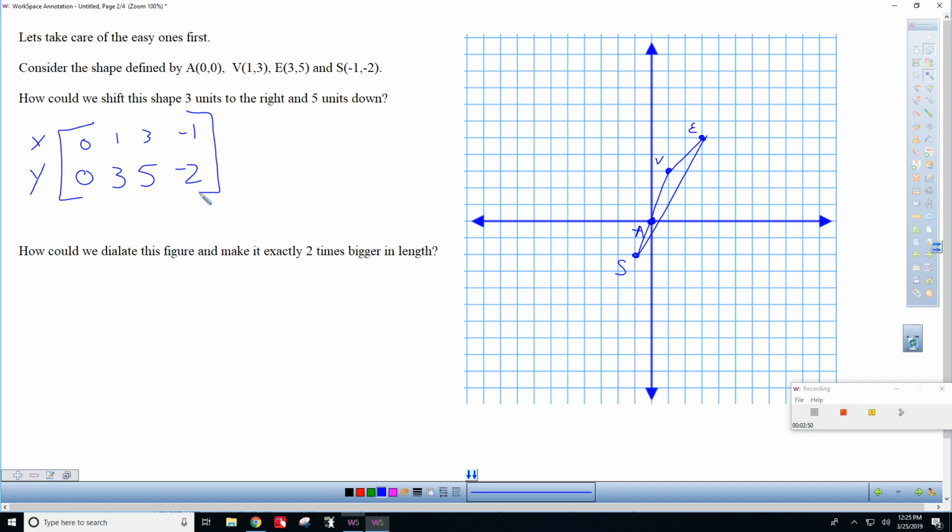If we wanted to go right 3, we would add 3. If we want to go down 5, we would subtract 5. And we need to do that to every one.